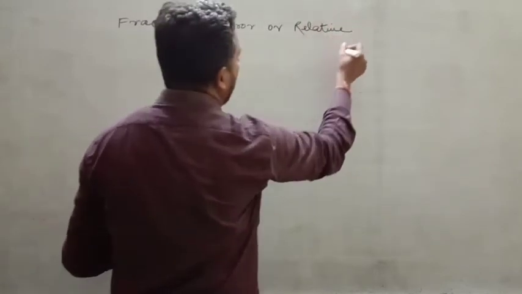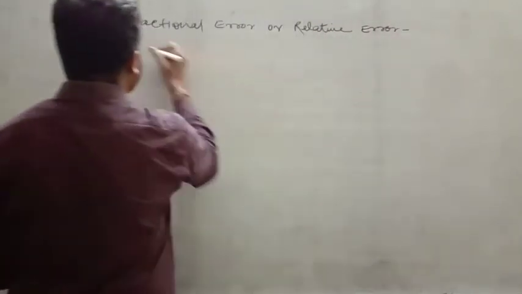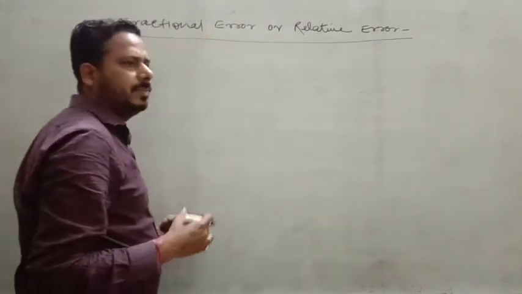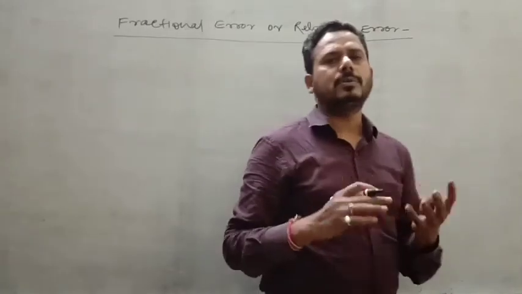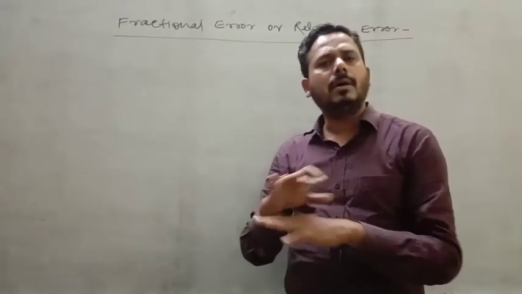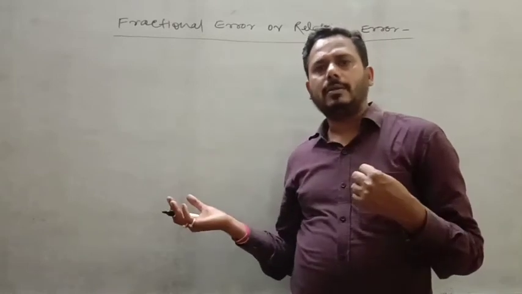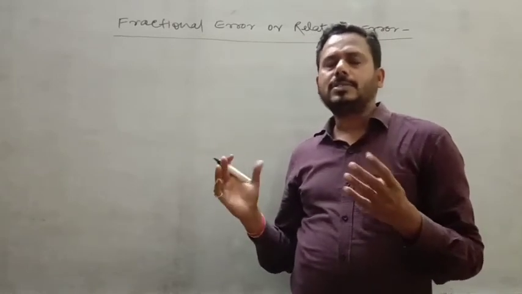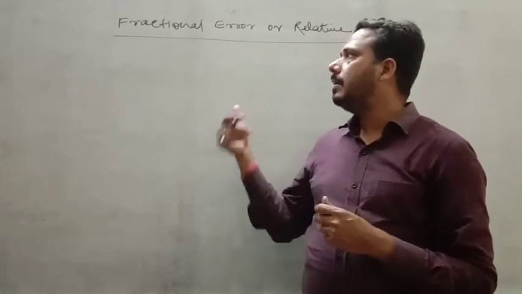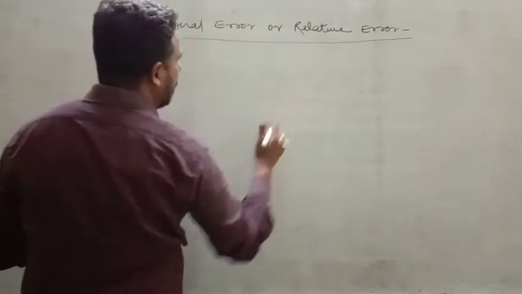It is very simple. Actually, it is the ratio of mean absolute error to the mean value. Because we have taken a number of measurements, to find the absolute error we first took the mean value. That mean value we require to find the fractional error.